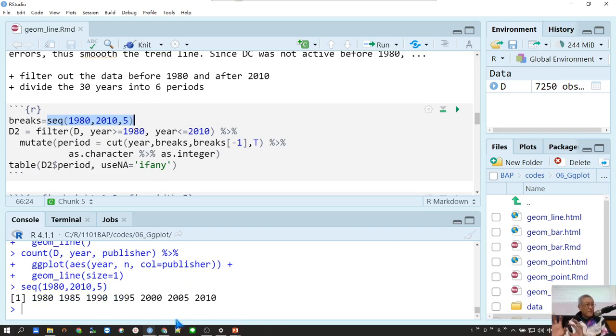So I have a break vector, and I will use this break vector to cut the period. The cut command is just like, you have the breakpoints, so you would cut the periods into pieces. Let me show you the result, okay?